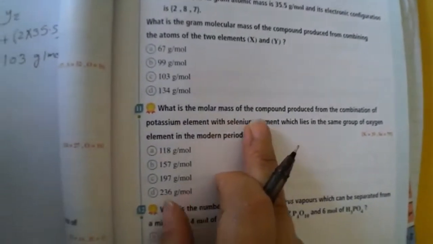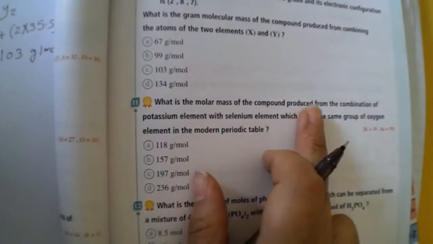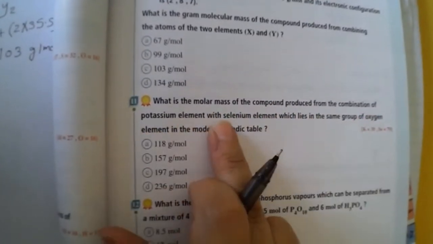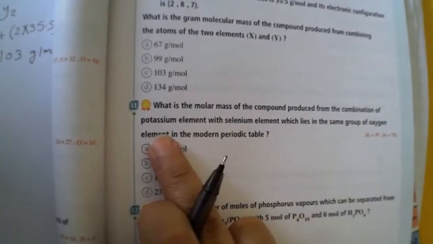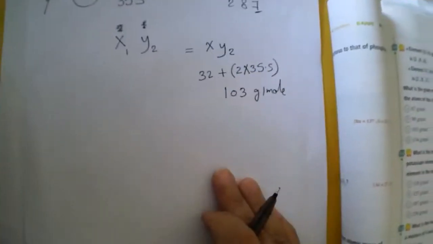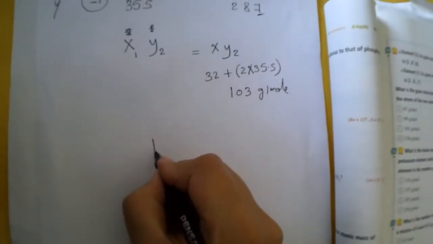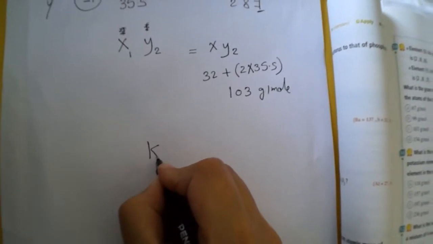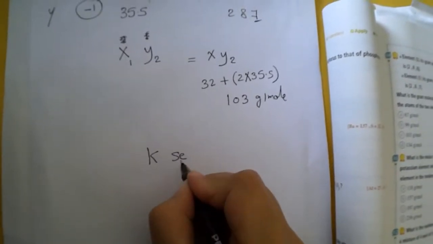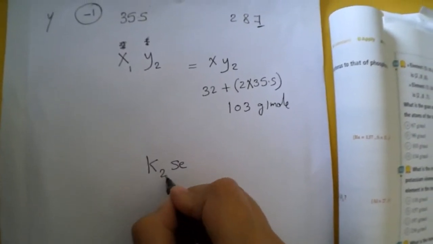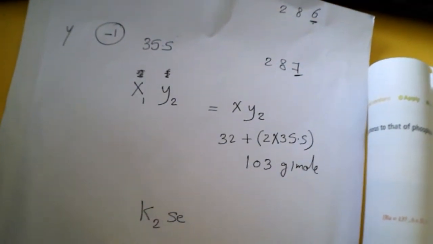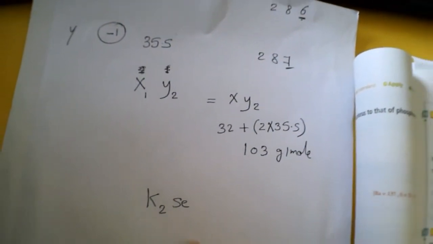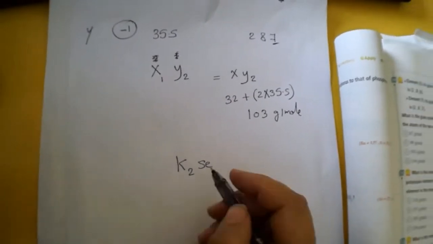What is the molar mass of a compound produced from combination of the potassium element with the selenium element, which lies in the same group as the oxygen? This point shows you that the selenium is divalent. So if you combine potassium with selenium, it's gonna be K2Se. He wants to find the molar mass of this compound.